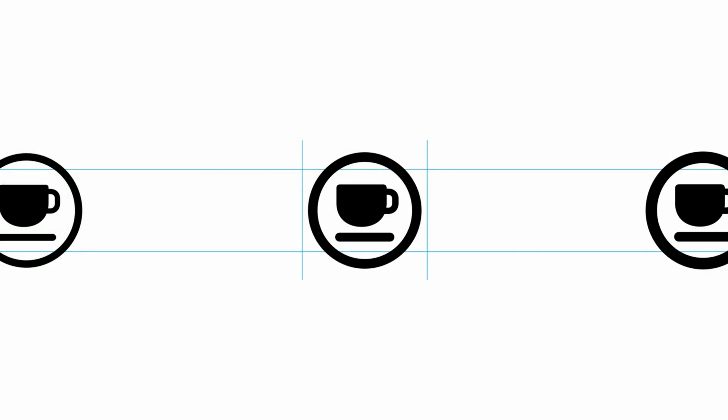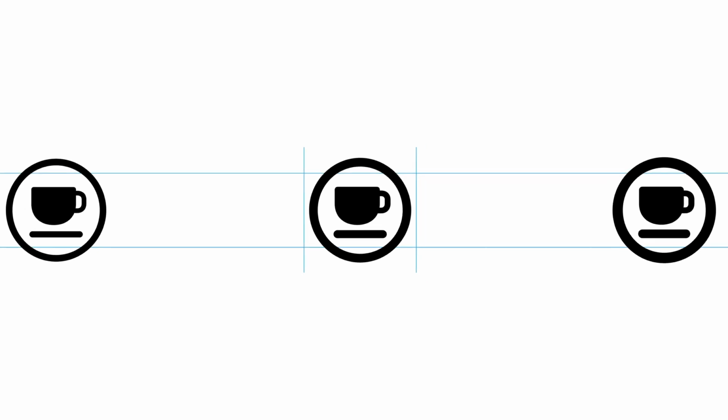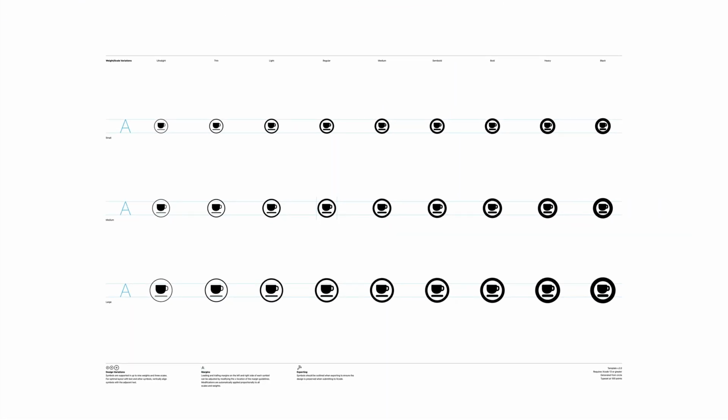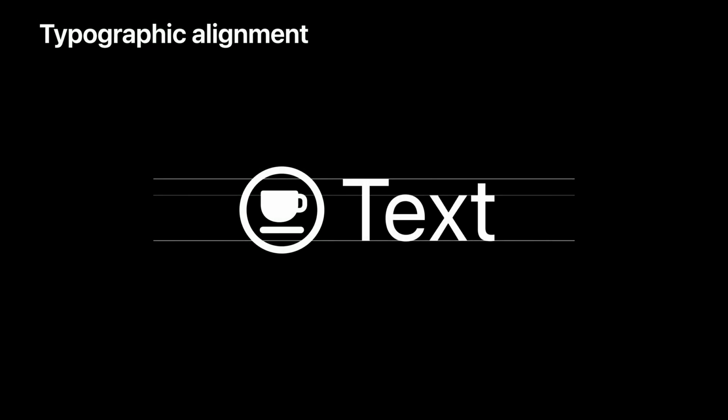If you need a custom symbol, you would draw it as a series of vector paths and place it in a custom symbol template. The template is in the SVG format and includes your designs and some guides. This template is the mechanism for your own symbols to take advantage of all the features that SF Symbols have to offer. This includes typographic alignment, to make sure your symbols look good next to text.